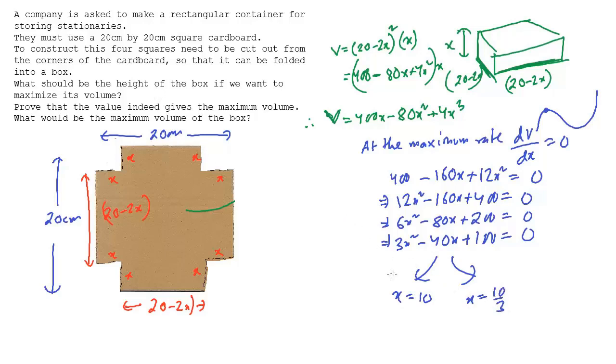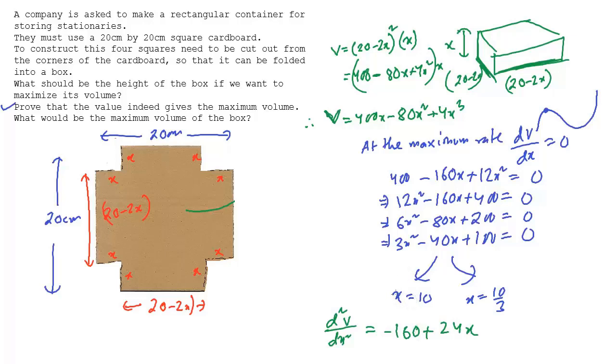So how do we know which one gives the maximum volume? We have to check with the second derivative. So let's do the second derivative over here. d2V by dx squared turns out to be the derivative of 400 is 0, the derivative of minus 160x is minus 160, plus the derivative of 12x squared is 24x. So we got the second derivative. Now we have to plug in to see which one gives a negative value, because if the second derivative has a negative value, only then it would give a maximum value.